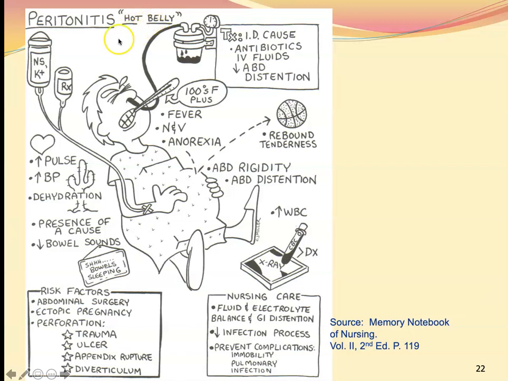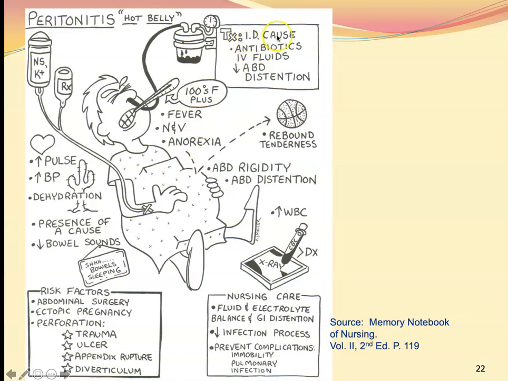So basically, we have to give these patients normal saline with potassium and possibly antibiotics, as they will be having a fever, nausea and vomiting, anorexia. So we need to give them antibiotics and also IV fluids because remember, they're gonna be dry.